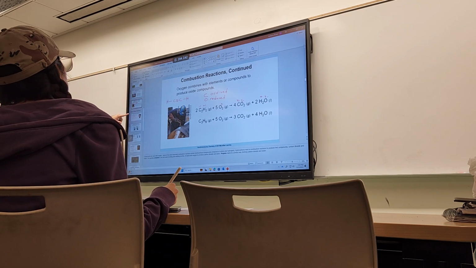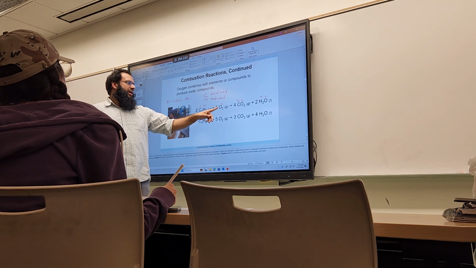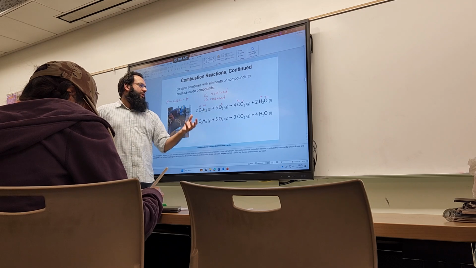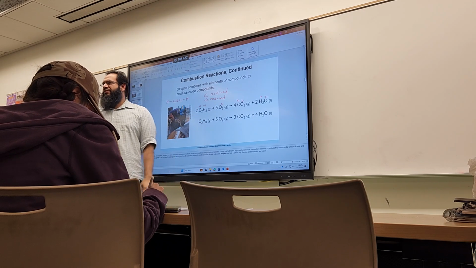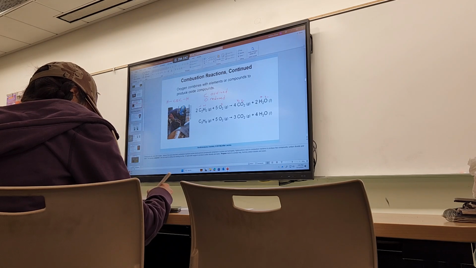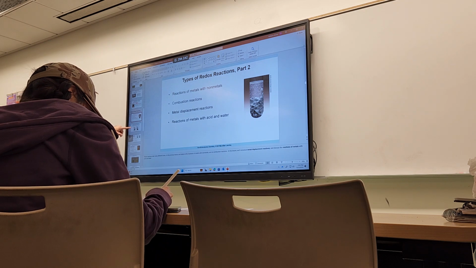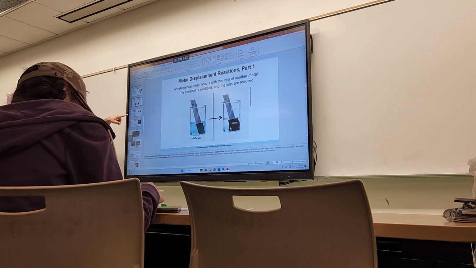Okay, and here we have a few examples. In this case, the carbon is getting oxidized and the oxygen is getting reduced. The oxygen will go from 0 to -2, and the carbon went from -1 to +4. Now, metal displacement reactions.